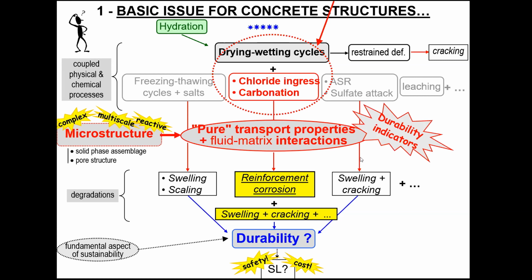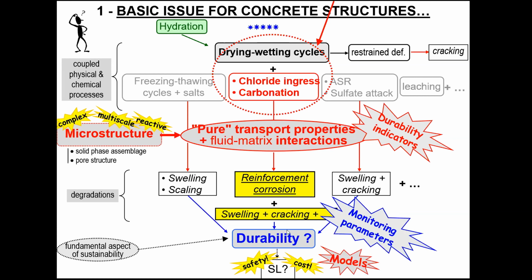So as you can expect, and this is what you mentioned until now during the previous presentations, it is completely expected that we will find durability indicators among these properties and characteristics of the material.